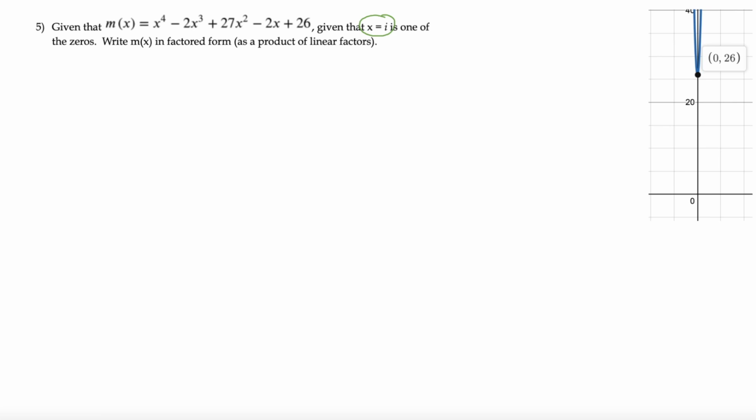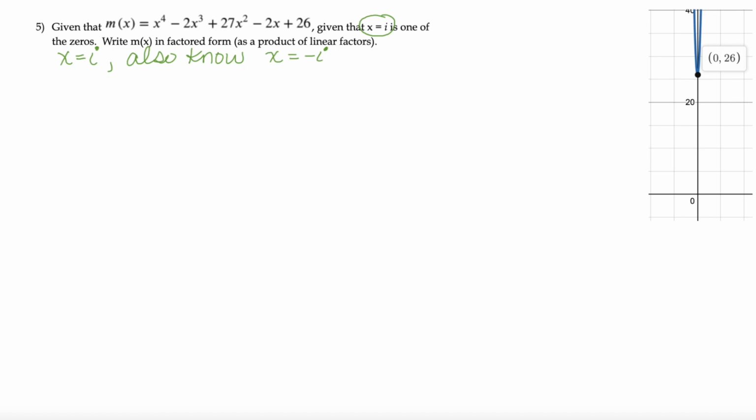So not only does x equal i, I also know that its complex conjugate, that x equals -i, is also a solution. So let's use i and -i to reduce the polynomial into something that we are able to work with.